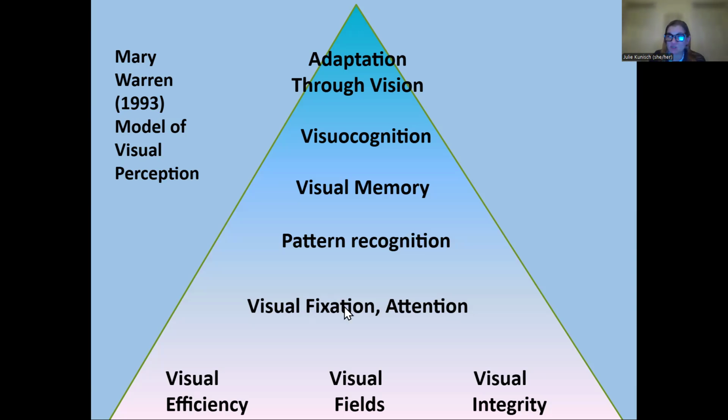The next step is visually fixating and visually attending to whatever it is in their environment that they need to attend to, recognizing patterns, putting things in categories from a visual perspective, then visually remembering things, then using your vision with your cognition. This is why we teach vision and cognition together. In order to use your vision to do cognitive things, to do social things, to do motor things, and so on.